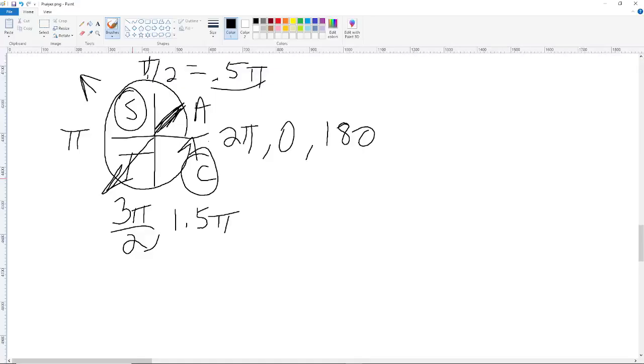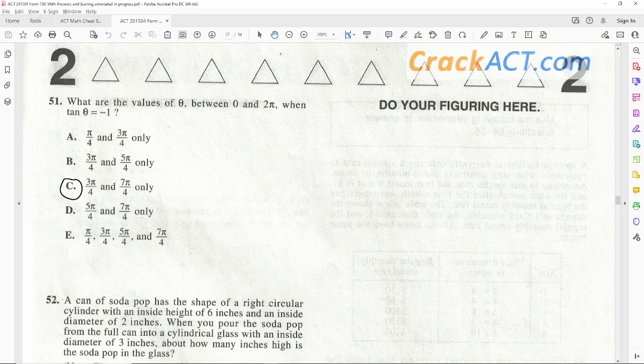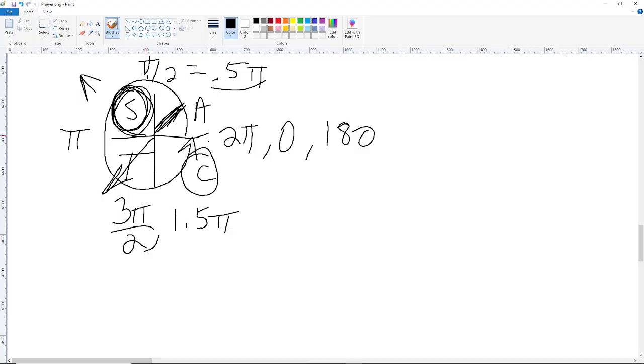3 pi over 4, we already found out 0.75 pi is in the second quadrant, where only sine is positive, so tangent is negative. So tangent can be negative there. And then what's 7 pi over 4? Well, what's 7 divided by 4? I have to do it here. You could use your calculator.